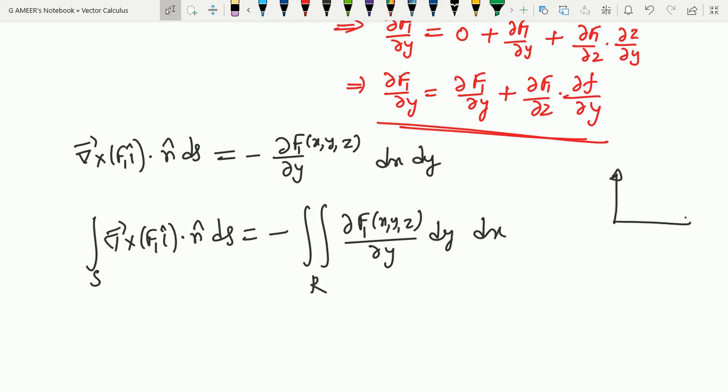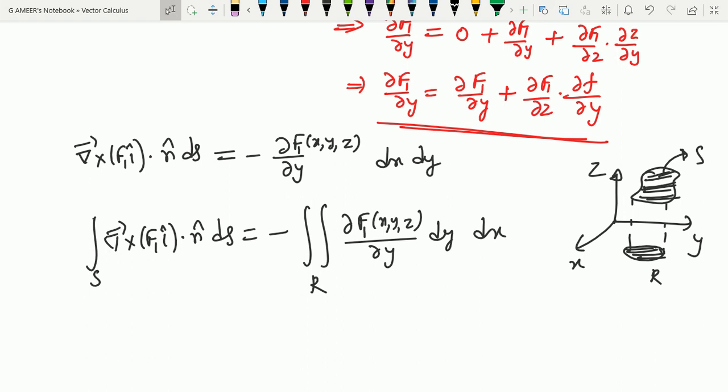So that means we are taking like this: this is the x-axis, this is the y-axis, this is the z-axis. Let us say we have a surface and its projection is what I am taking here. So this is the region I am talking about. This is the region R and this is the surface S. This is the entire surface, and its projection is here.